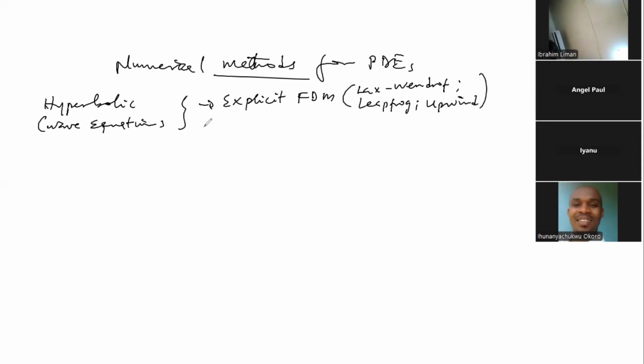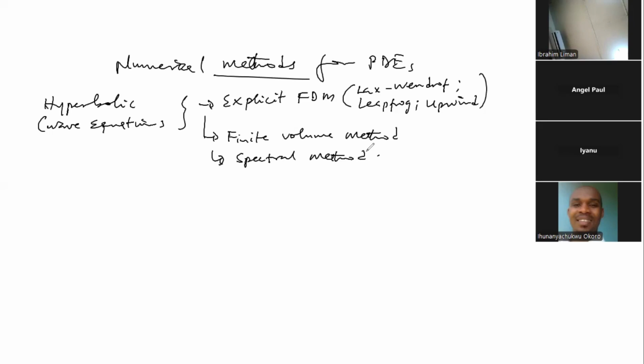Then we also have the finite volume method. And then we have the spectral method. Now, why do we select these methods among all other methods?